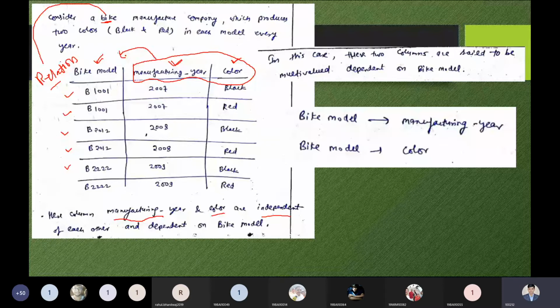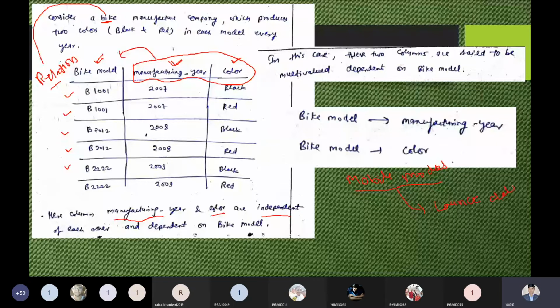Like a simple example, we can take any mobile company. So we have a mobile model. An XYZ mobile model is introduced by the XYZ company. This model has two important parts. One is the year in which the product is launched or manufactured. So we can say we have the launch date.